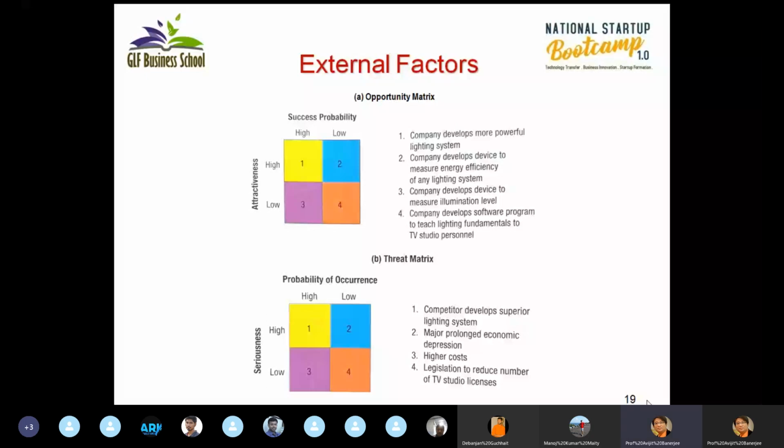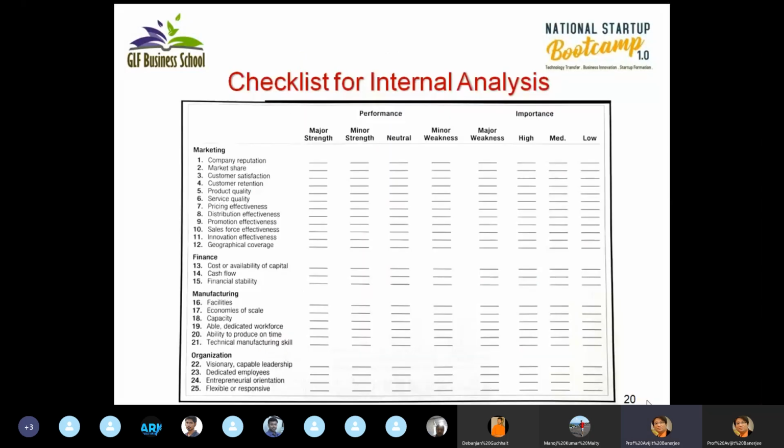One part we understood from here, the external factors. Now we should examine how to develop the internal strength. This is the checklist for internal analysis. You decide your own parameters.